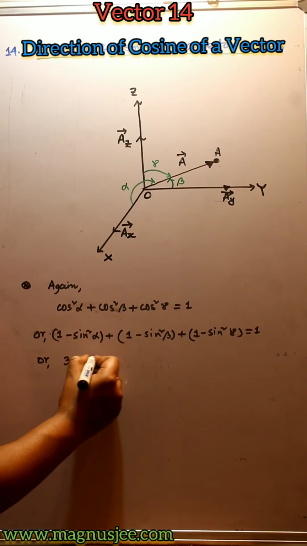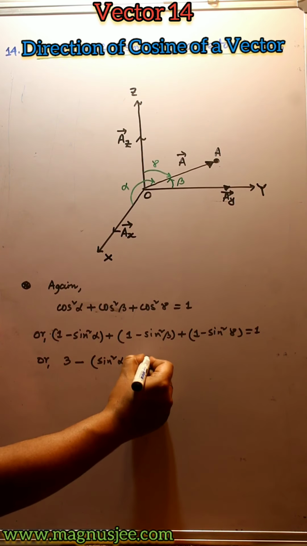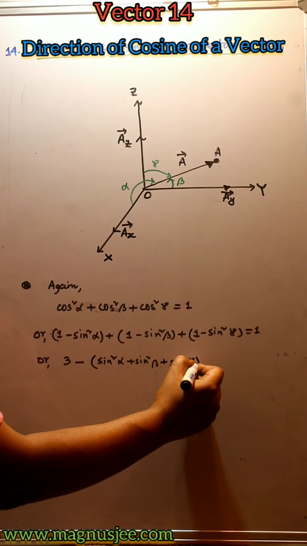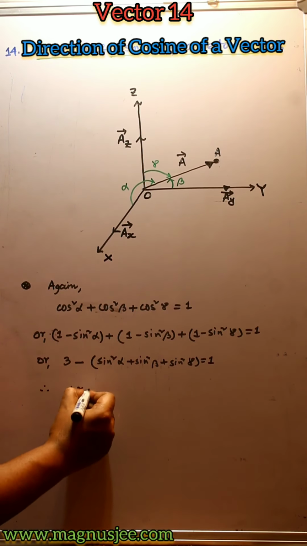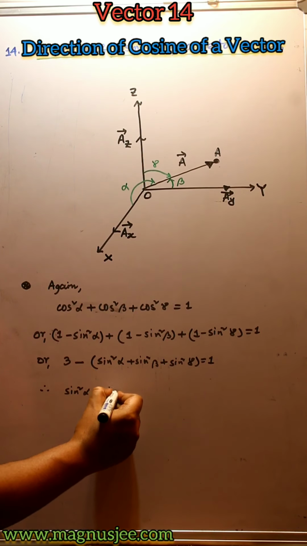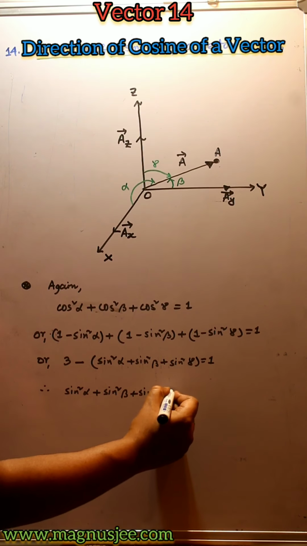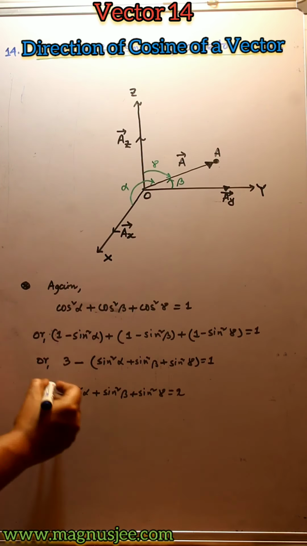or 3 minus bracket open sin square alpha plus sin square beta plus sin square gamma bracket close equals 1. Therefore, sin square alpha plus sin square beta plus sin square gamma equals 2, since 3 minus 1 means 2.